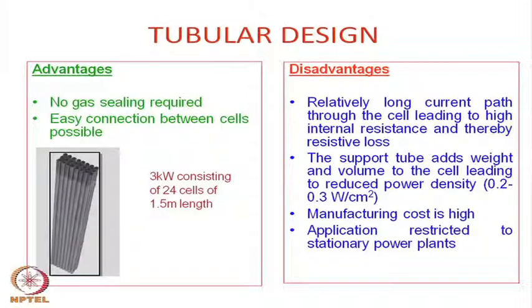So, the application is restricted primarily to stationary power plants, because this particular technology has been designed only for stationary power units, auxiliary power units, or captive power units like that. So, that is maybe one of the limitations, but one can build much larger capacity power plants.